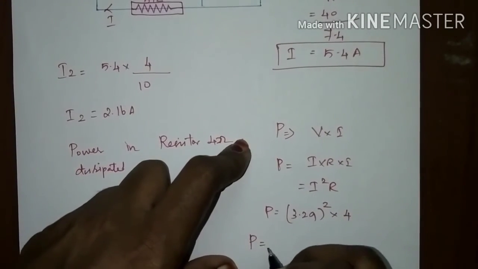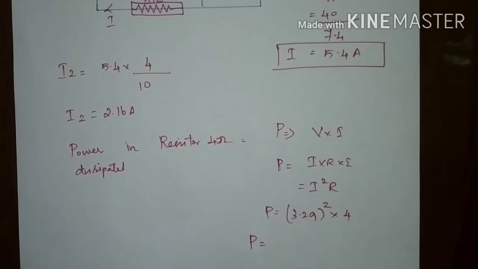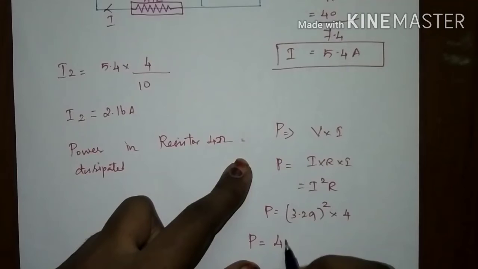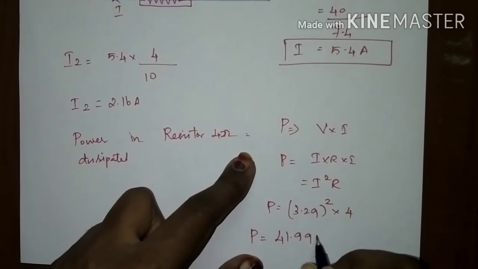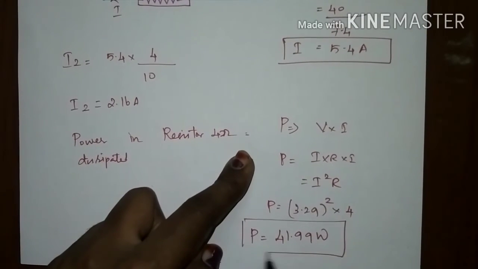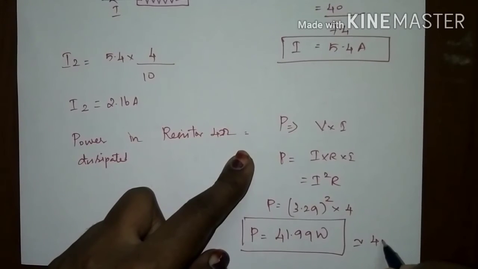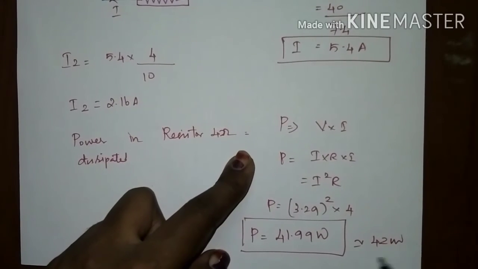The power dissipated in the 4 ohm resistor is 41.99 watts, near 42 watts.